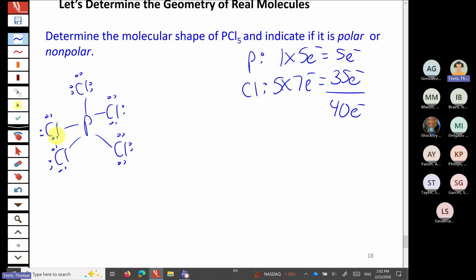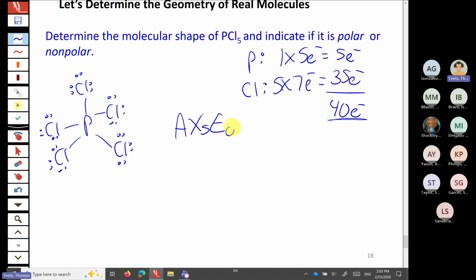Oh, that's right, 40 electrons. 5 octets around each of the chlorines, so that's 40 already. We've used all 40, so no lone pairs on the center atom in this case. It stops there. So that makes it AX5E0.